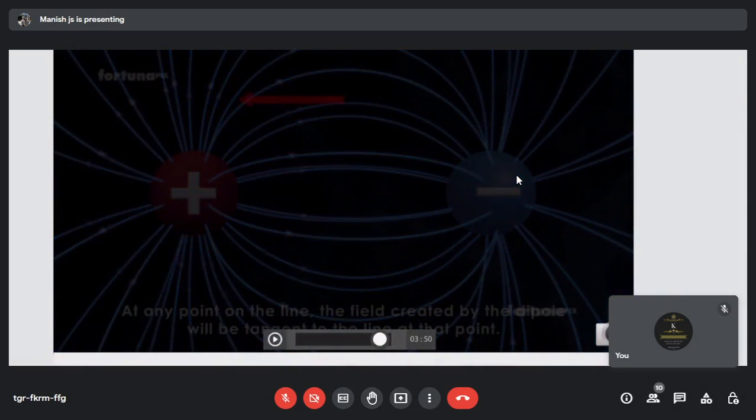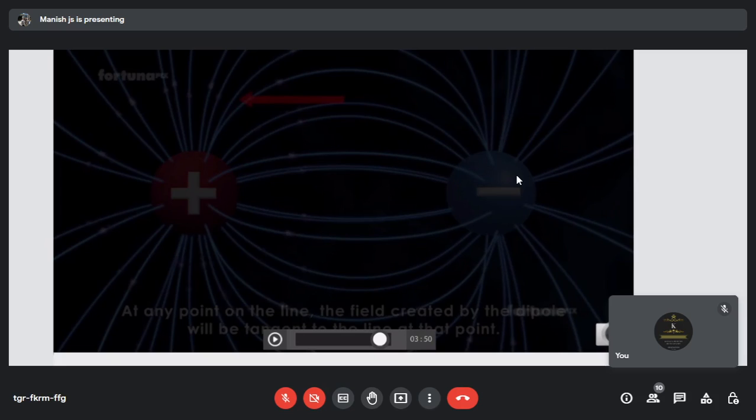Okay, so we looked at the electric field lines surrounding the charges, for a positive charge and for a negative charge. The electric field lines are always radial to both positive and negative charges, present in radial directions surrounding the charge throughout.